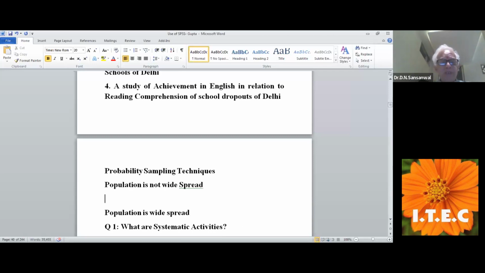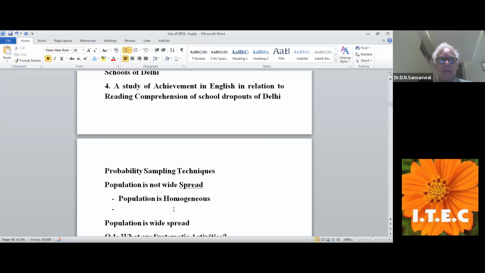Now, if your population is not widespread, then you have further: number one is your population is homogeneous, and another is your population is heterogeneous.